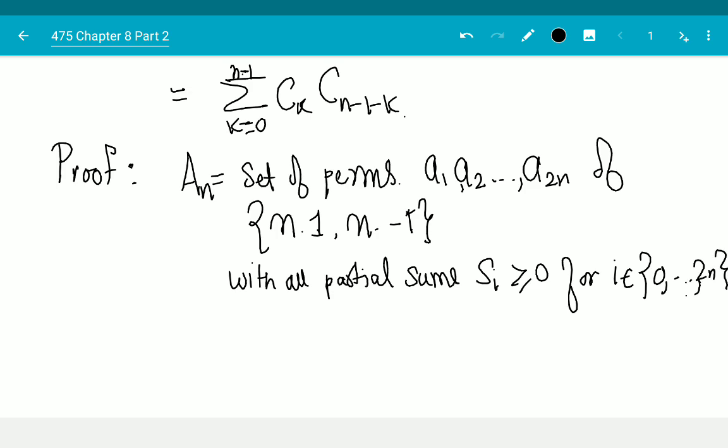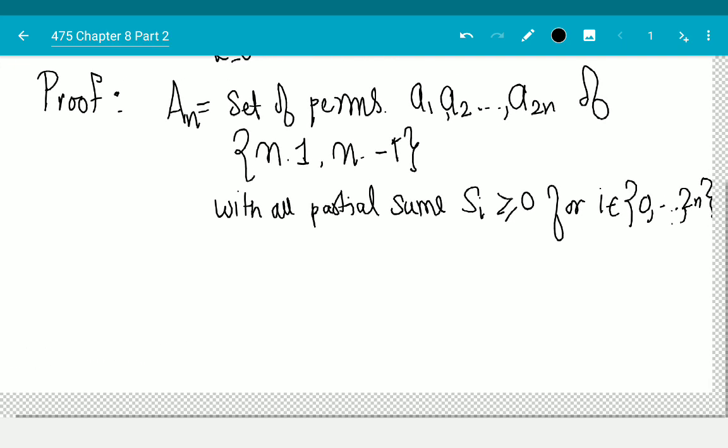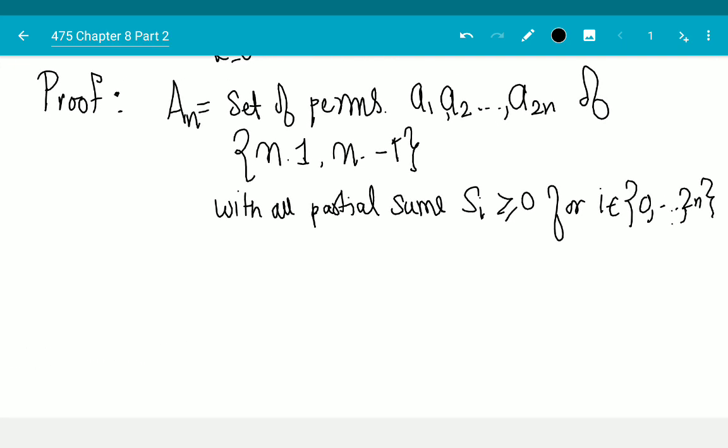Okay, so this is the same thing that we defined previously.